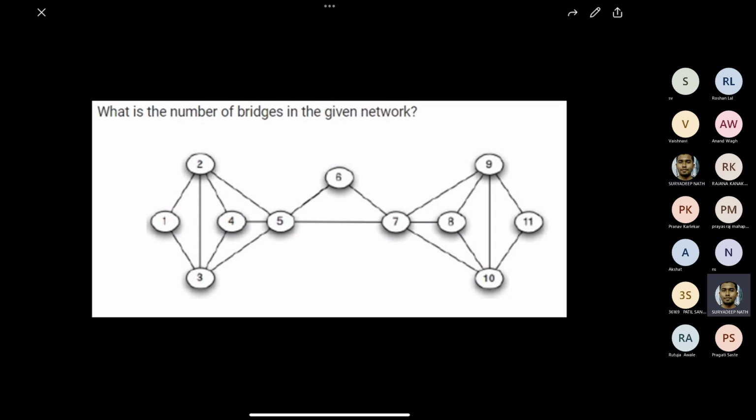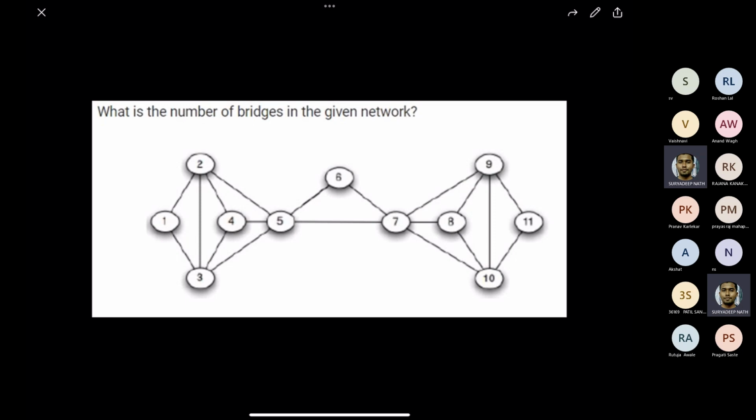Basically 5, 6, and 7 make a triadic closure, so there can't be bridges, right? Even between 6 and 7, they have a mutual friend at 5. Any two nodes connected by an edge all have a mutual friend.